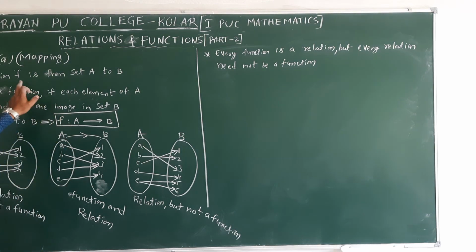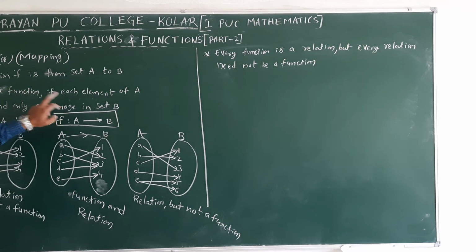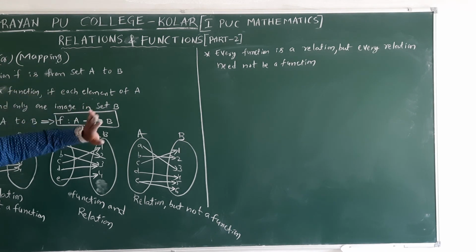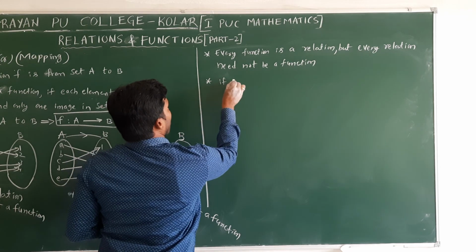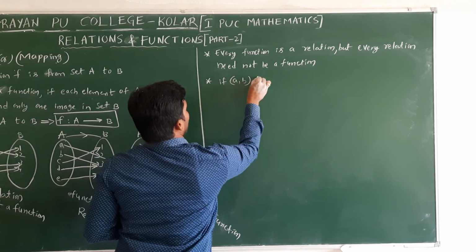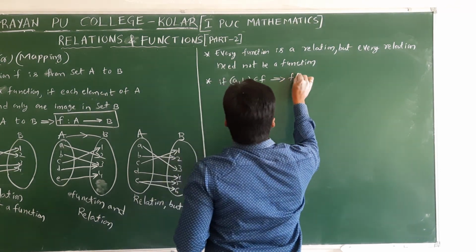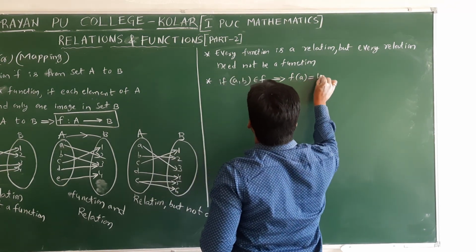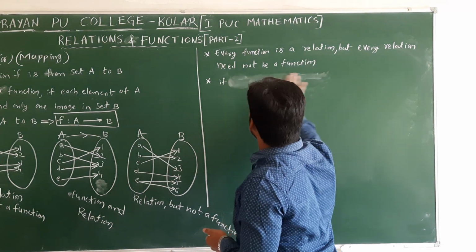When we call a relation a function, it means each element of set A has only one image in set B. For example, if the ordered pair (a, b) belongs to the function, from this we can write f(a) = b. Or, for easier purposes, we can take the variables x and y.